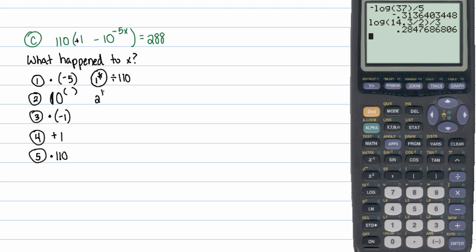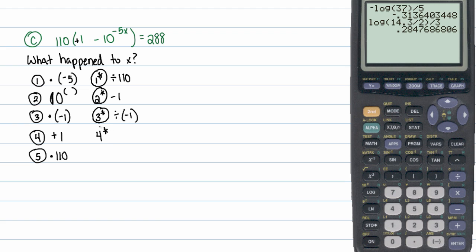And then right before they did that, they added 1. I'm going to subtract 1. Right before that, they multiplied by a negative 1. I'm going to divide by a negative 1, but let me just let you know, dividing by a negative 1 is the same thing as multiplying by a negative 1, so it doesn't really matter to me how you do that.